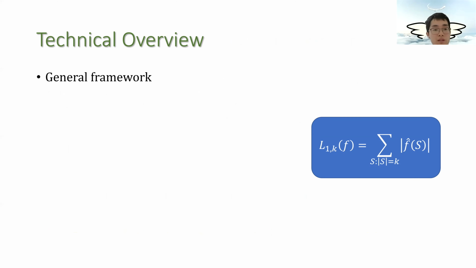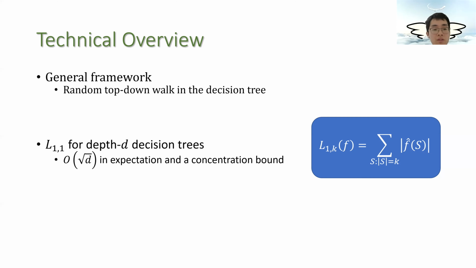In the rest of the slides, I will give a proof overview. Recall our definition of level k Fourier sum, and here is our general framework. We will have a random walk perspective, which is a random top-down walk in the decision tree. To illustrate this idea, I will show how to prove the level 1 bound for depth d decision trees. We will show that the bound is square root d in expectation, and we will prove a concentration bound.